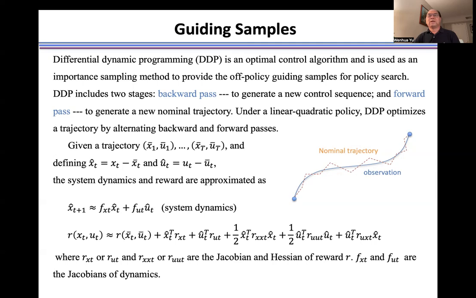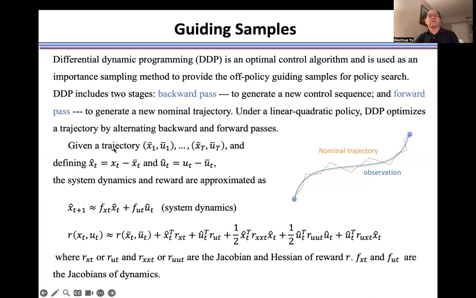For a robot system and linear quadratic policy, the dynamic is linear, but the loss function is quadratic. So DDP optimizes a trajectory by alternating backward and forward passes. That's the idea of the DDP.